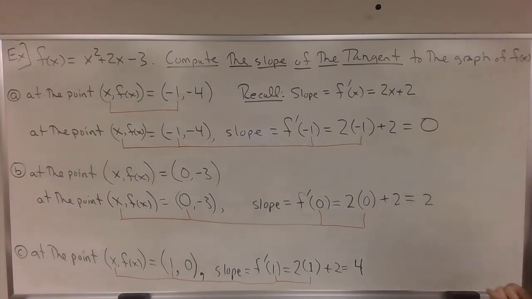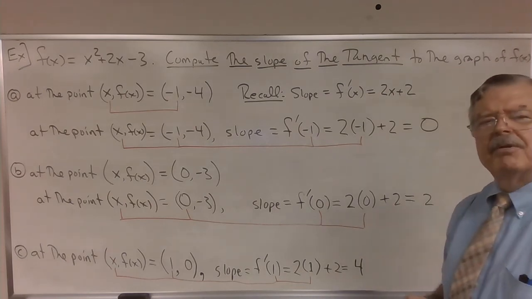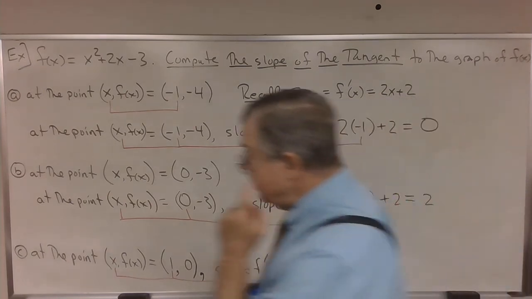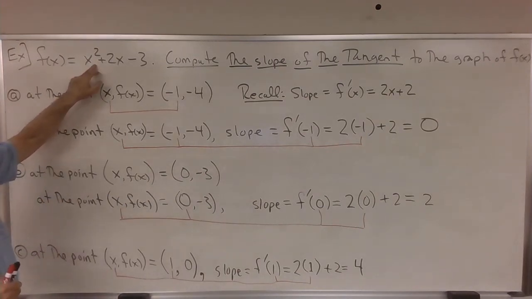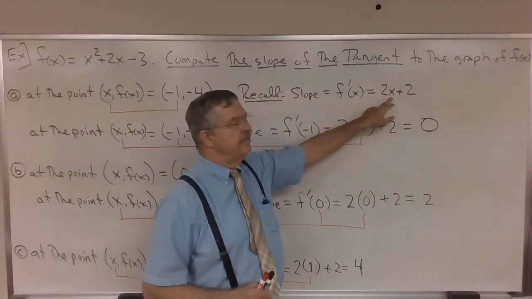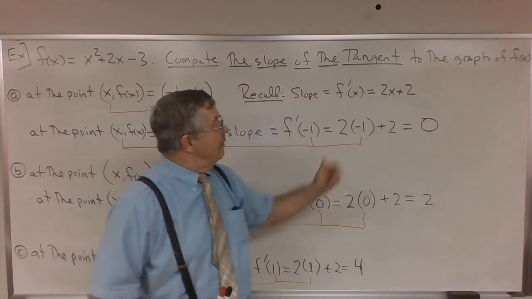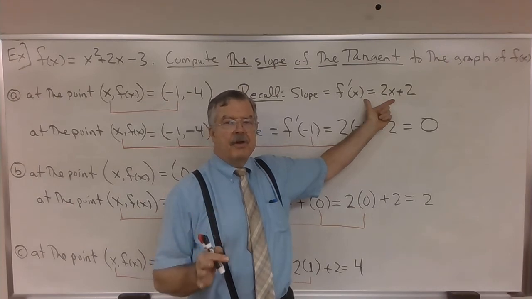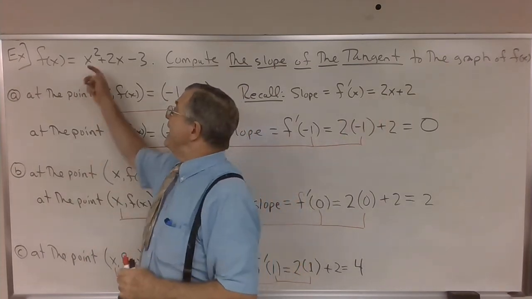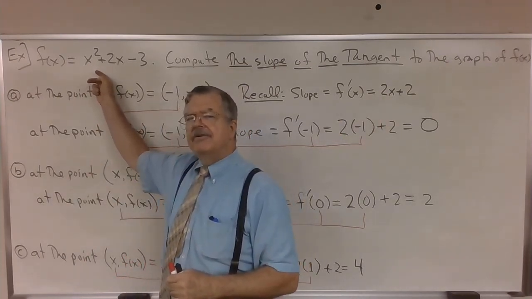Now, the truly amazing thing that this example brings out is that if we compute the derivative of f of x, and that derivative was 2x plus 2, this one formula gives us the slope of the tangent at any point on the original function.